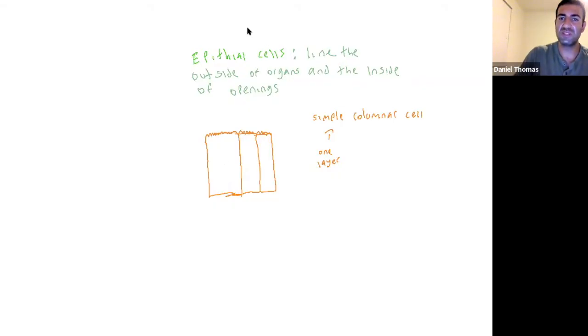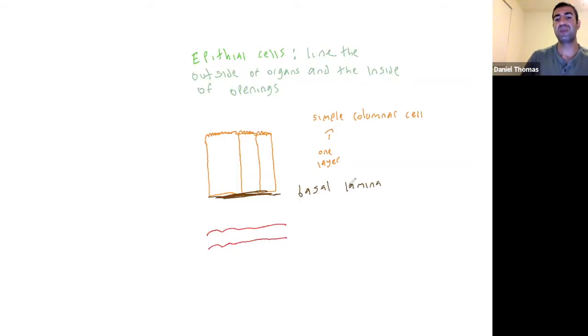Now, what's interesting about these is that they actually have no direct blood supply. Instead, the blood supply sits apart. These are called avascular. There are also two types of barriers or attachments, I guess you could say. One is called the basal lamina, and the other is called the reticular layer.